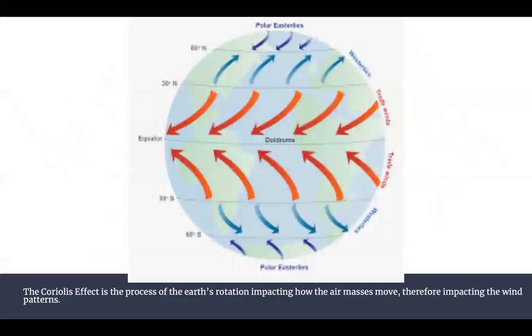Right here, this is a visual representing the Coriolis effect, which is another additional thing on top of the high-low pressure that impacts the wind's movement. The Coriolis effect is basically just recognizing the process that Earth's rotation has on these air masses, because as the Earth is slowly rotating, those air masses are going to be impacted.